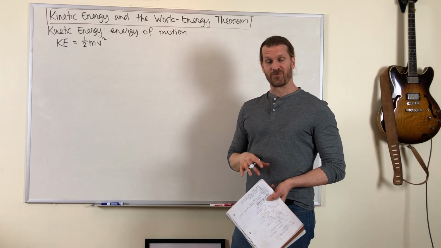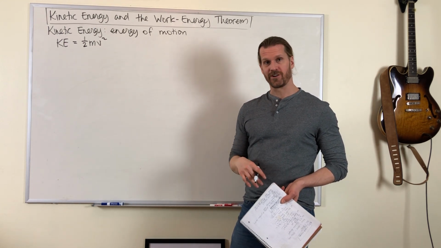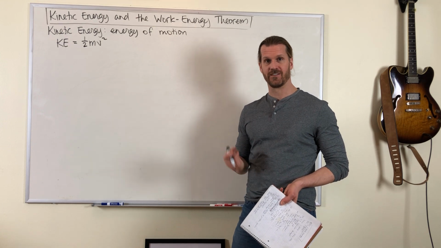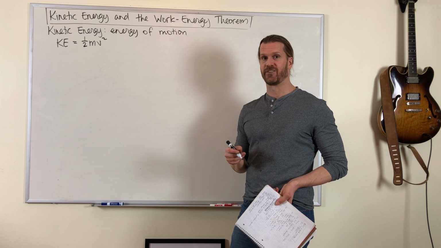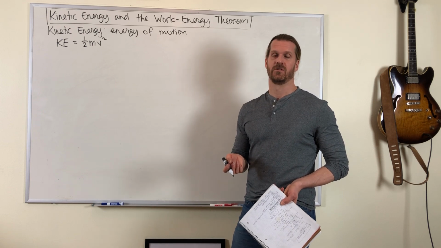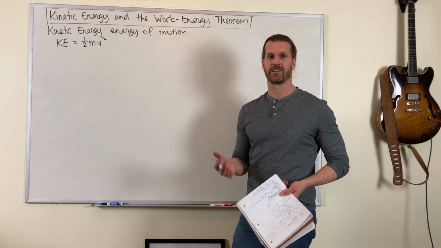Now there's a really important relationship between work that we just discussed and kinetic energy. This relationship is known as the Work-Energy Theorem, or sometimes people call it the Kinetic Energy Theorem.